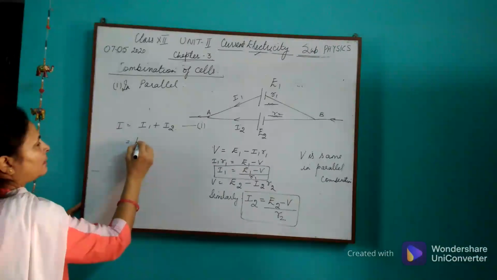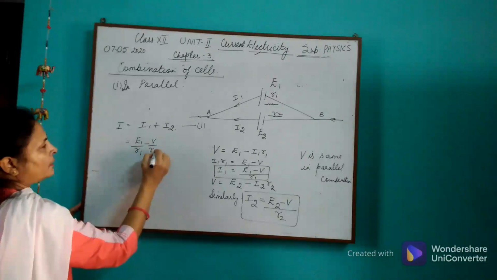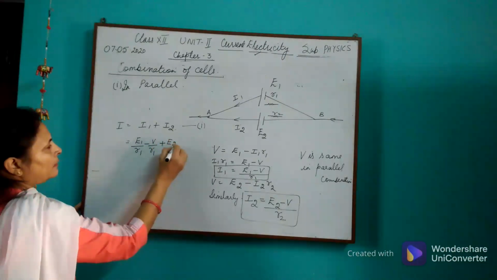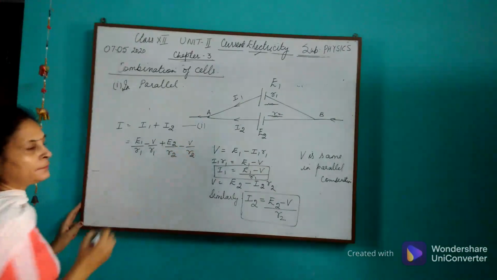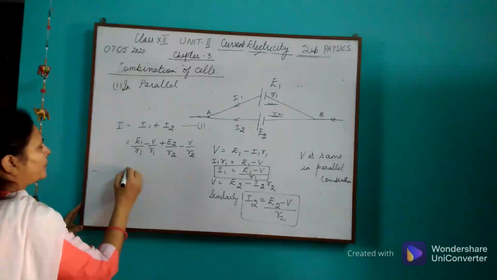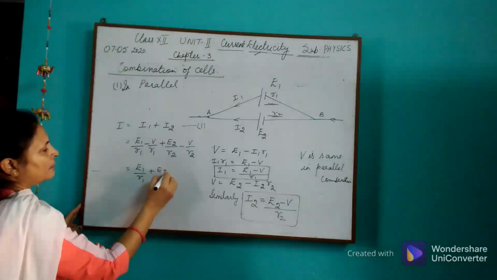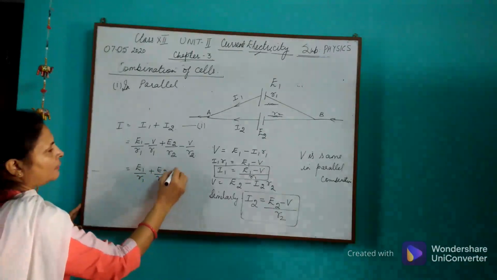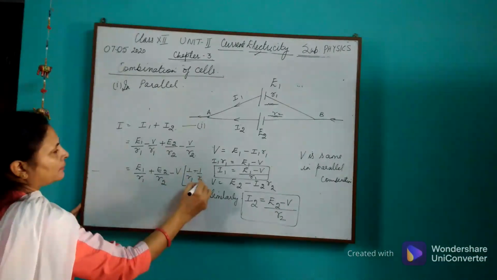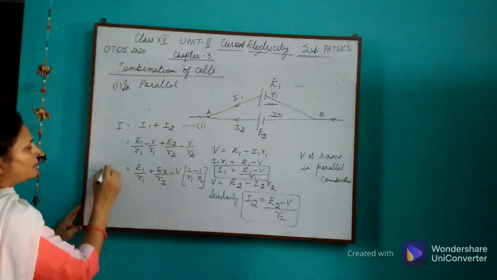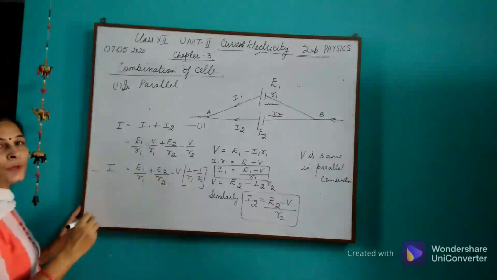This will give me E1 upon R1 minus V upon R1 plus E2 upon R2 minus V upon R2. This is going to give me E1 upon R1 plus E2 upon R2 minus V times 1 upon R1 plus 1 upon R2.